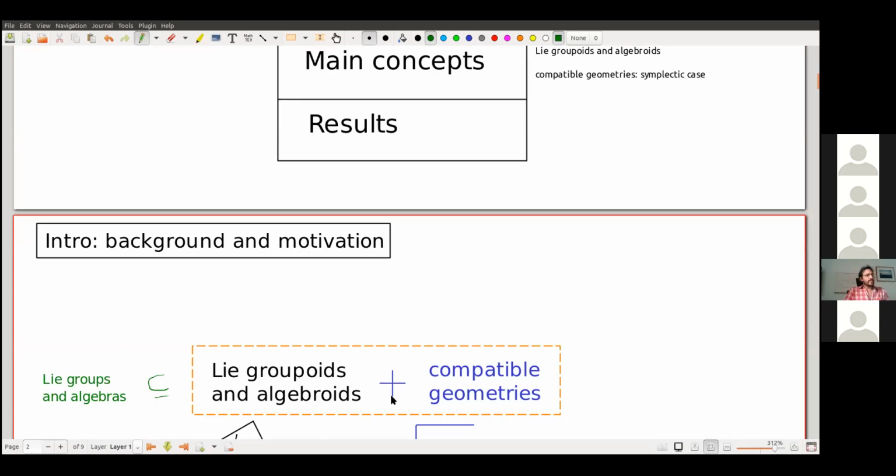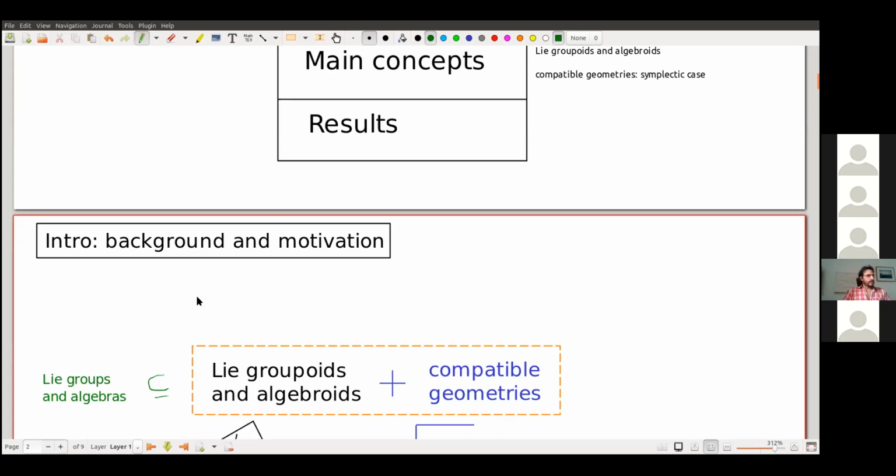And there is another aspect that I will be speaking about, which is the cases in which these groupoids, whatever they are, don't come alone, but come with extra geometry on top of them. For example, it would be the case that you don't just study a Lie group, but a Lie group with maybe a Riemannian metric or some other geometry on top of it.